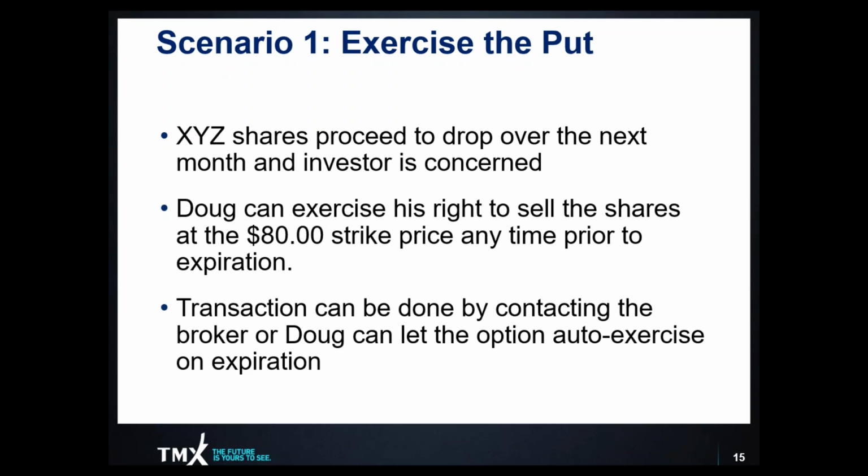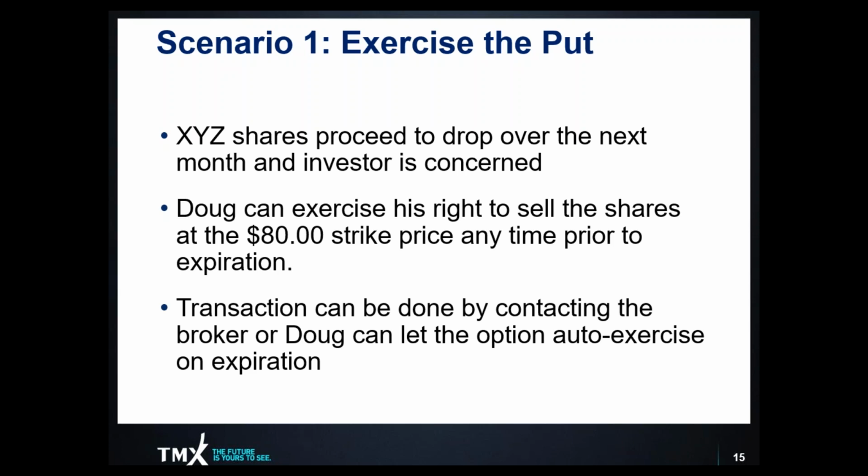Let's assume that the shares actually proceed to drop over the next month. So XYZ shares drop and Doug is concerned. What Doug can do is exercise his right to sell the shares at the $80 anytime prior to expiration. So just because the put option contract is valid for 4 months doesn't mean that Doug has to stay with the position for that 4-month time frame.